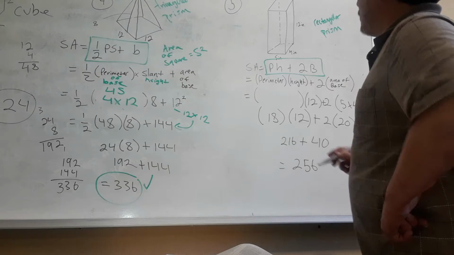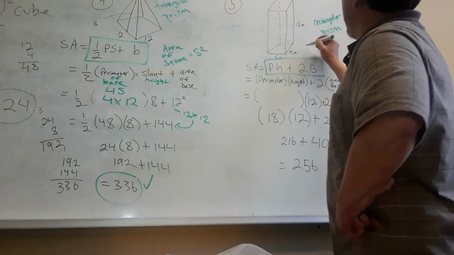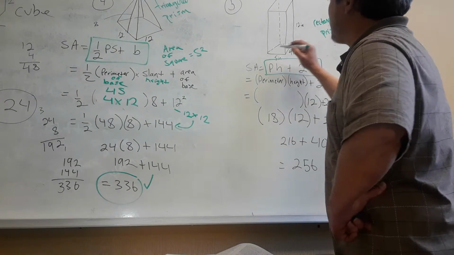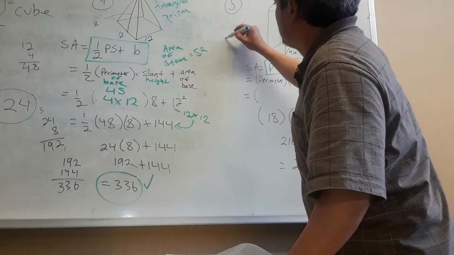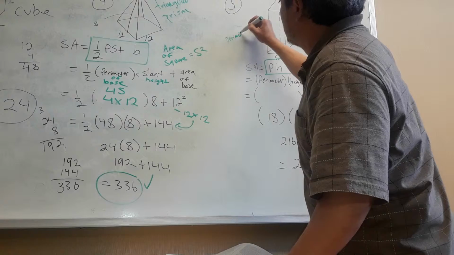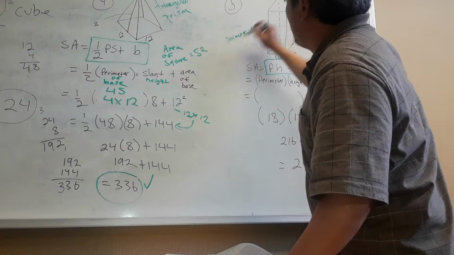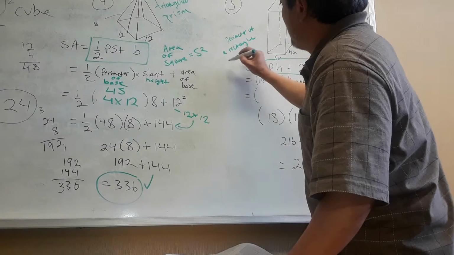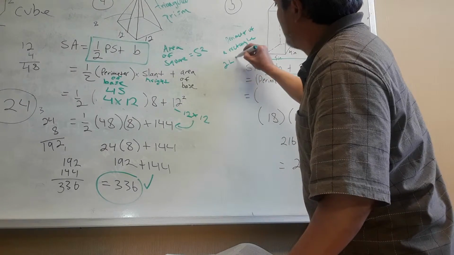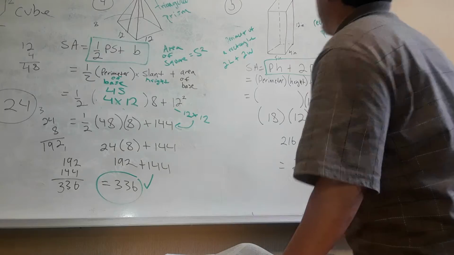So the perimeter of a rectangle, if you remember, is 2 times length plus 2 times width.